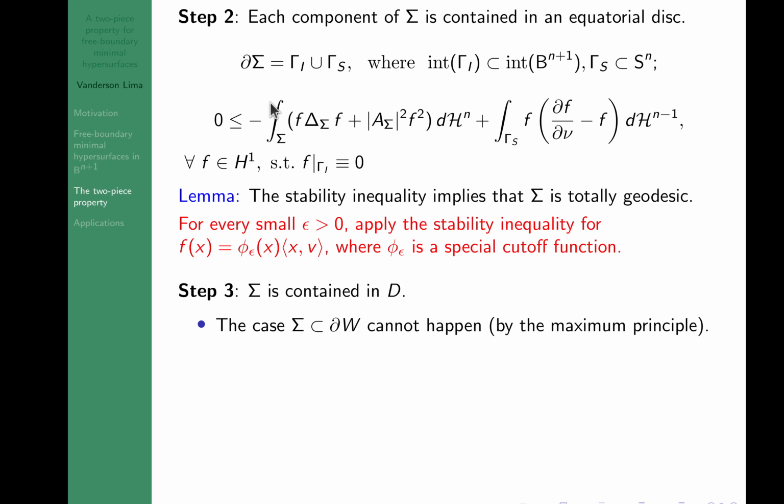First, we want to prove that the case sigma contained in the boundary of my domain V cannot happen. This is because of the maximum principle. I know that sigma is containing some disk, but the boundary of V is my original surface, and I started the proof supposing that it is not an equatorial disk.